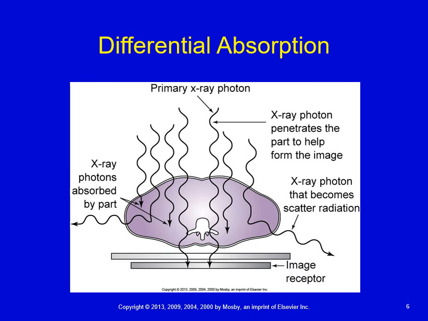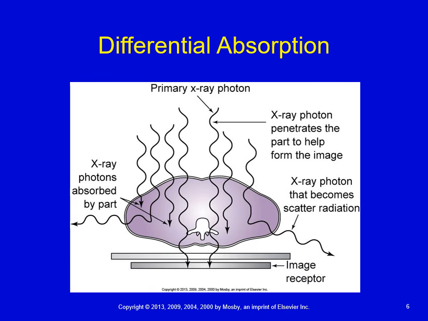As a result, it's going to create the light or white areas on our film. In other areas, like air-filled lungs, it will attenuate less of the X-ray beam, and it will allow it to get through and actually reach the image receptor. And those that reach the image receptor are responsible for the darker areas on our X-ray image.